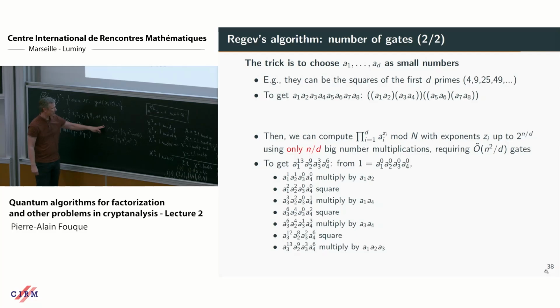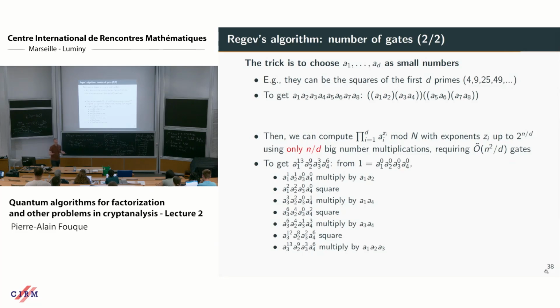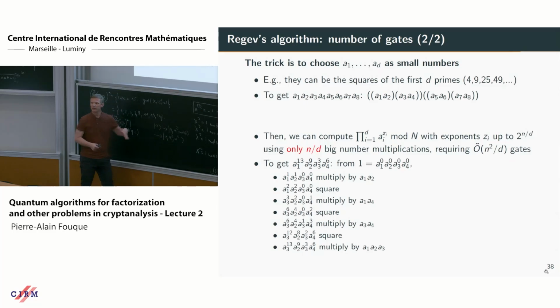And since I told you that you have to do this n over d times, so square root of n times, the number of qubits that you need to register is as large: here you need n qubits, and you need n times d, or n times square root of n qubits.